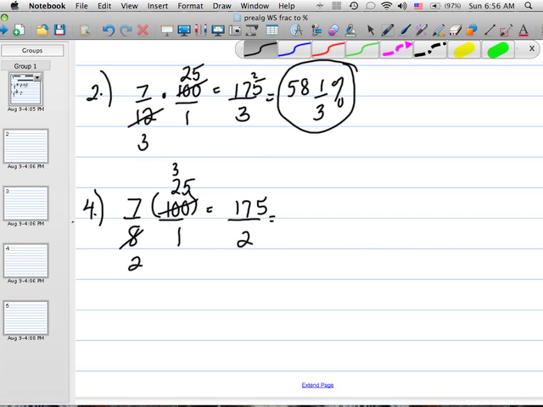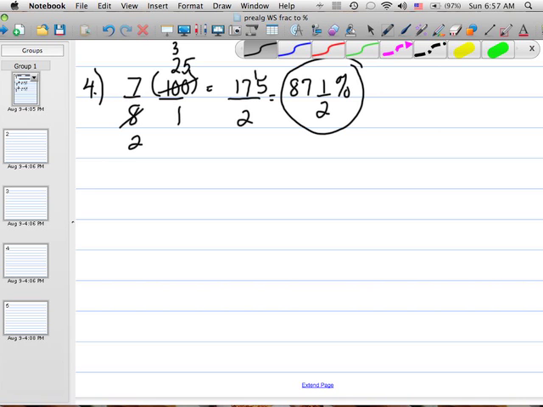Make it a mixed number percent. 2 goes into 17 8, 2 goes into 15 7, and there's 1 left over. If you remember the decimal for 7/8, it's 0.875, so you can see the percent is close to that decimal. Just move it over 2 to the right and change the 0.5 to 1/2.